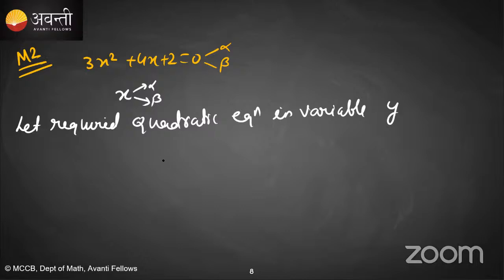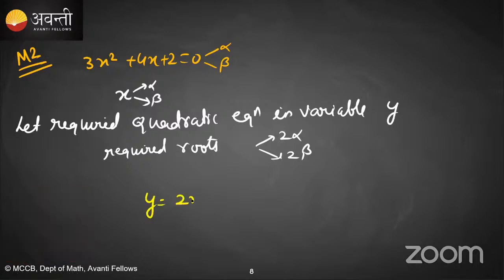Okay, so now tell me students, what are the required roots? We know that the required roots are double of the roots of the given equation. The required roots are 2 alpha and 2 beta. Yes or no? So you can say the roots are values of y. So y should be 2x, where x should be alpha and beta.